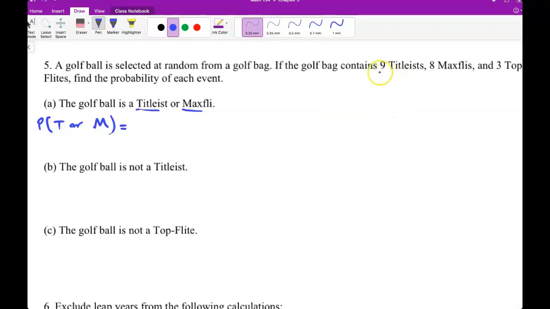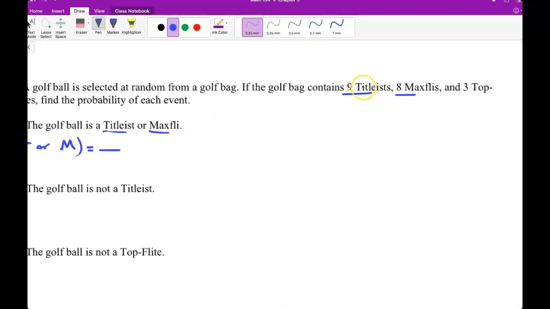So how many do we have in that part? We have 9 for T, and for M, Max Flights, we have 8. Before that we should know how many we have in total. Total number of outcomes is equal to 9 plus 8 plus 3, and that is equal to 20.